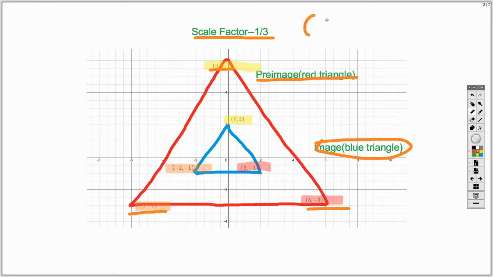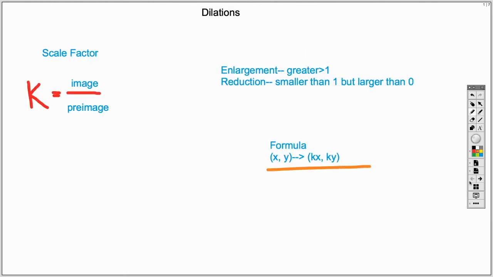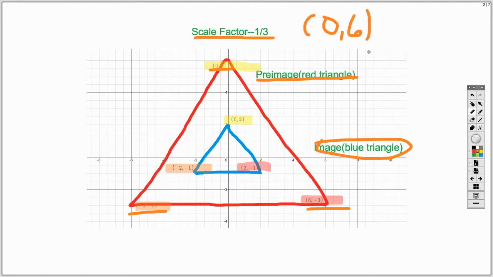So here we have 0, 6. And I'd use this formula. K, which represents our scale factor, so we do 1/3 times 0. And that's 0, because anything multiplied by 0 will always remain 0. Then 6 times 1/3.